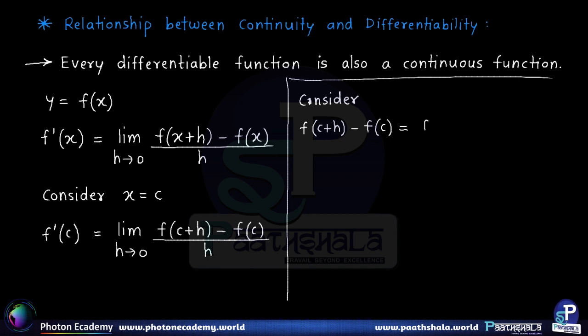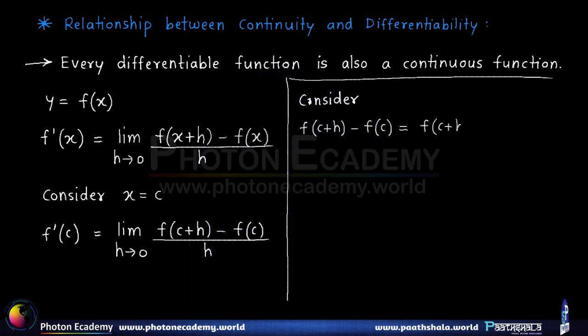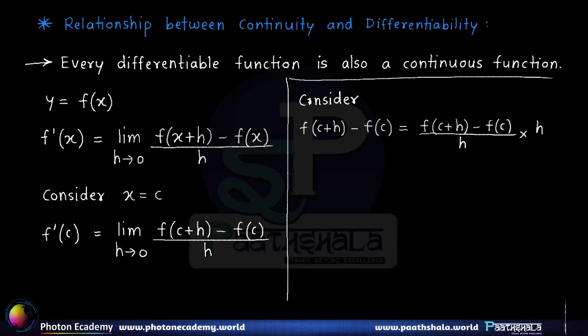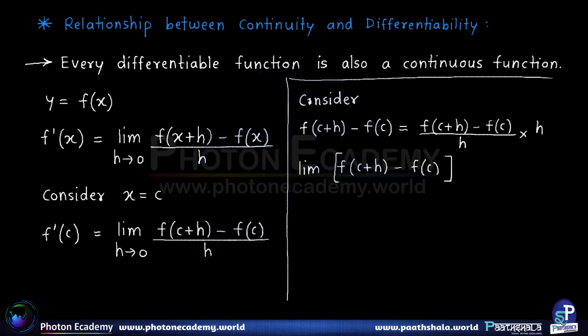Now I will just divide and multiply this expression by h, because we know h is a non-zero quantity. It is reducing and becoming 0, but it has not become 0 yet. So therefore we can definitely divide and multiply by h. Now let us take the limit of both sides as h tends to 0. So the limit of f of c plus h minus f of c, this is the left hand side, as h tends to 0, equals the limit of the right hand side.